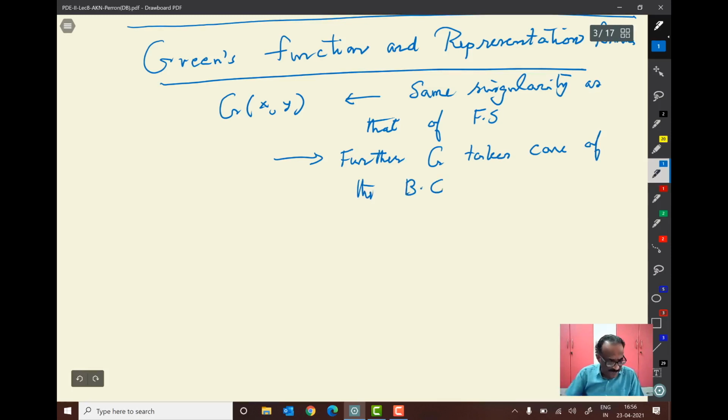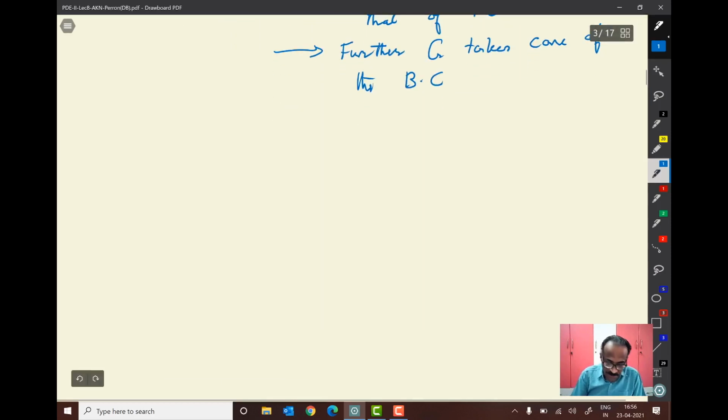We have explained all that, but let me not get into all the details here, but you should understand this Green's function. So with this, it provided the representation formula. That's the important thing.